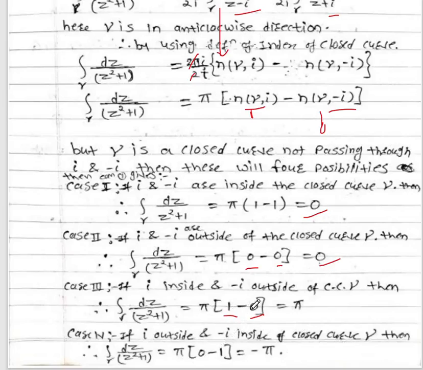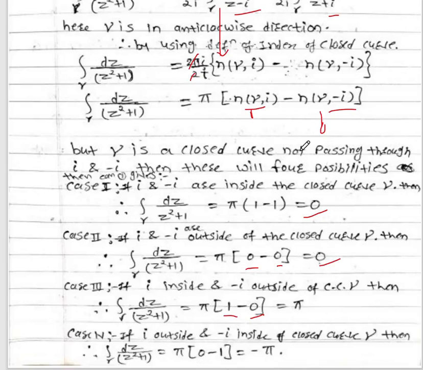For the point i, which is outside, the index of the closed curve is 0, and for the point minus i, the index is 1. Therefore the value is pi times 0 minus 1, so you will get minus pi.